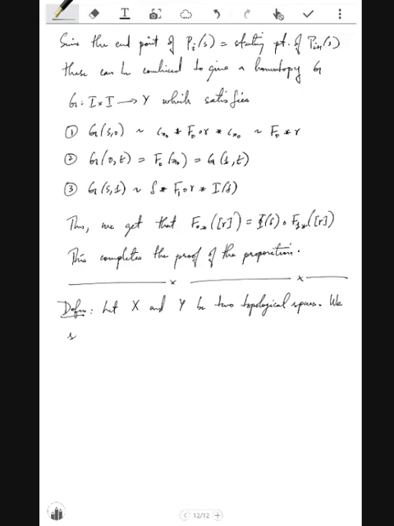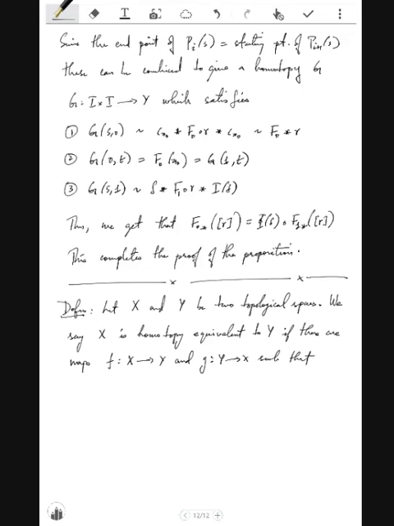We say x is homotopy equivalent to y if there are maps f from x to y and g from y to x such that g compose f is homotopic to identity x, and f compose g is homotopic to identity y.